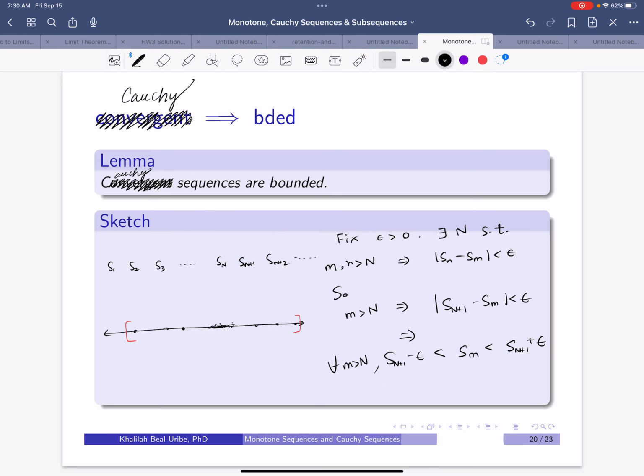So I'm going to say let M1 equal the max of Sn plus 1 plus, oh, let's just let epsilon equal 1.